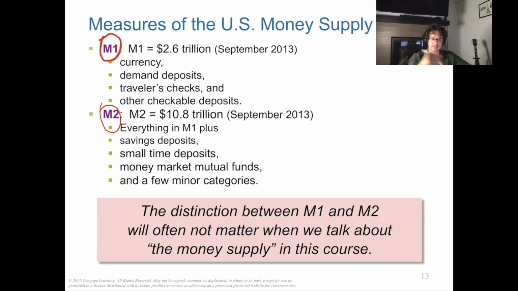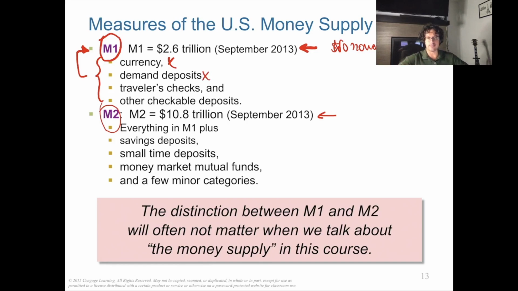And the idea is, this is a very strict definition of money supply, and this is a broader definition of money supply. This constitutes all the sets of assets that are part of the M1 definition of money supply. As part of the stricter, narrower definition, we have currency and demand deposits.